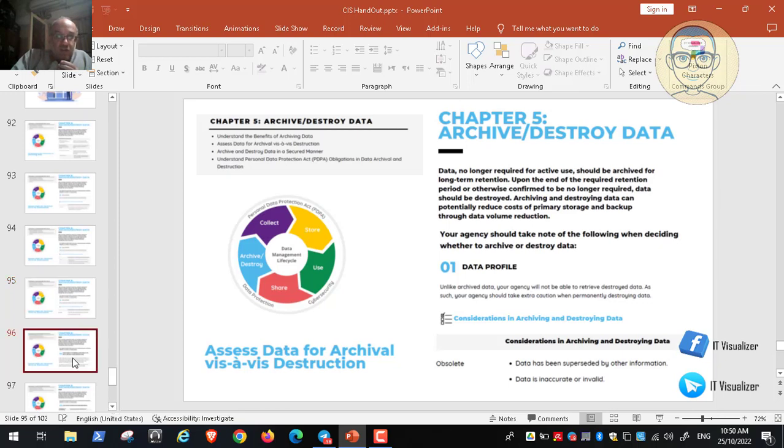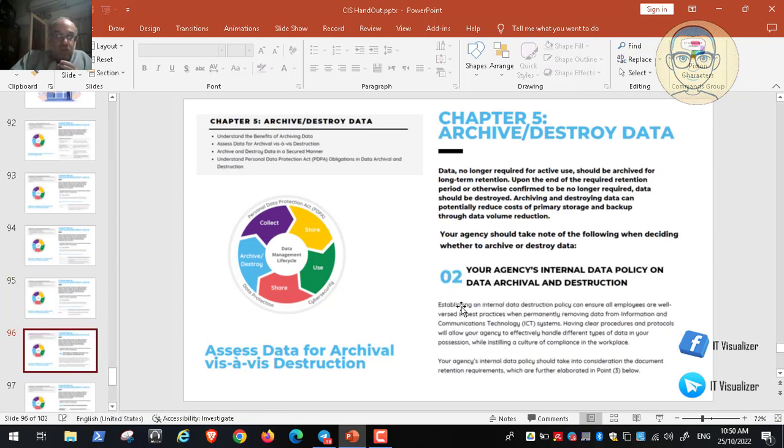Okay, the second thing, when you take a decision to archive or destroy the data, is your agency internal data policy on data archival and destruction. Sometimes, as I said before, the government asks you to archive data for 10 years, financial data maybe, among other things. Sometimes, if you are in the industrial sector, the Ministry of Industry asks you to leave historical data to make reports about a certain industry, like manufacturing of cars.